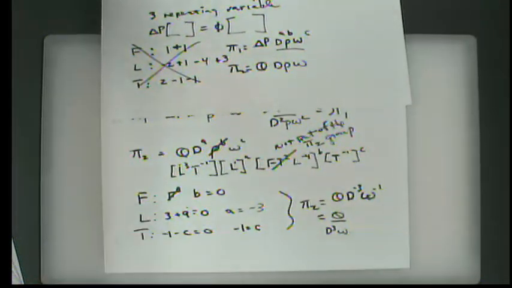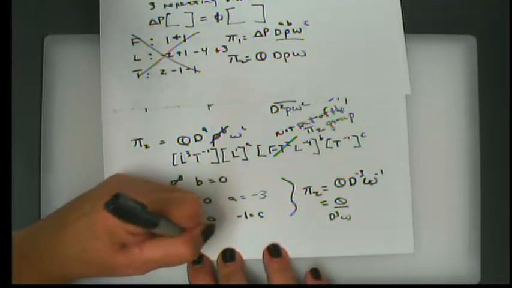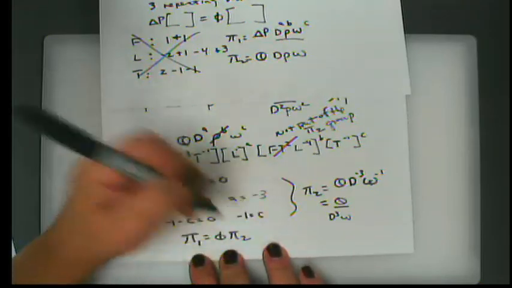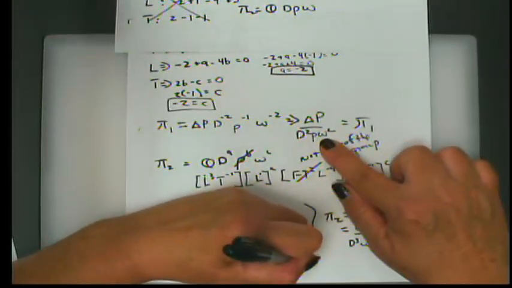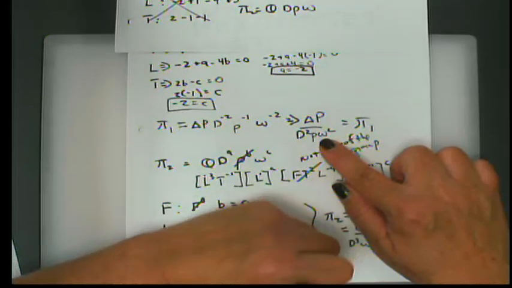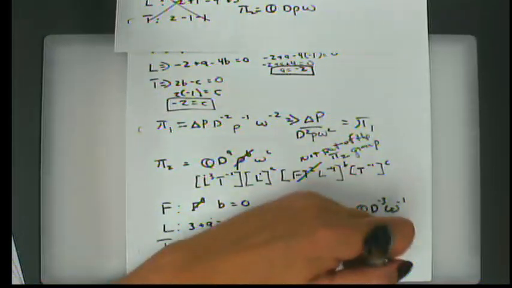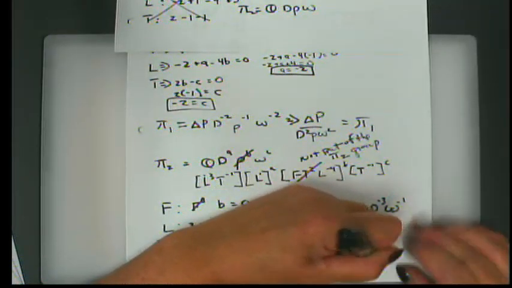All right, so then check that out. Everything works out. And my answer then is, to write it in this form, pi 1 is some function of pi 2. Or my first pi group, delta p over d squared rho omega squared, is some function of q over d to the third omega.